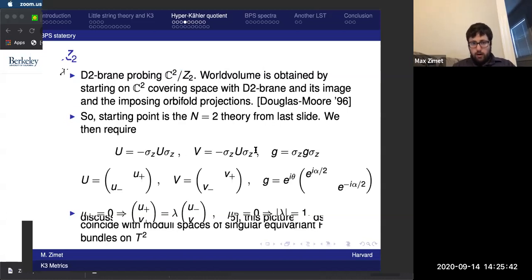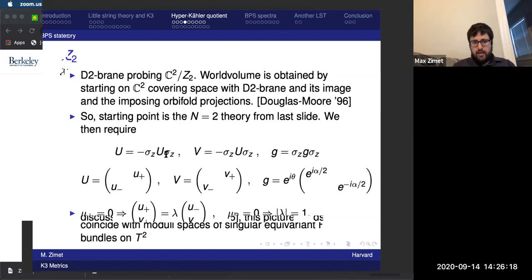and then we require our chiral multiplets U and V to satisfy these Z2 equivariance conditions. And similarly, we're only going to consider gauge transformations, U(2) gauge transformations, which satisfy this constraint here. Sigma Z, there's nothing special about sigma Z. The natural thing to think of it is actually sigma X, because we're just permuting the D-brane indices.